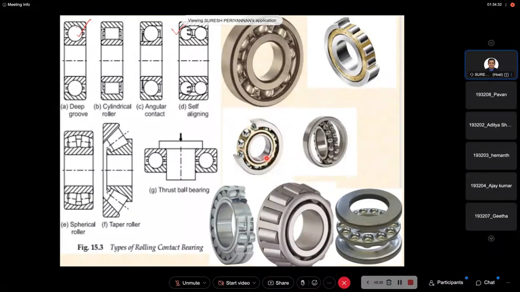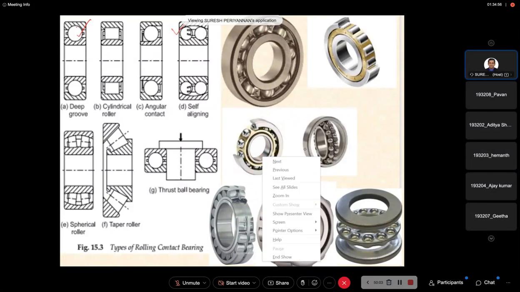Hence, wherever axial and radial loads are present, we can easily use this type of bearing. It can also be used in places with large load carrying requirements. Now the disadvantage: it must be mounted without an axial play, because that is an important thing. So, these are the disadvantages.